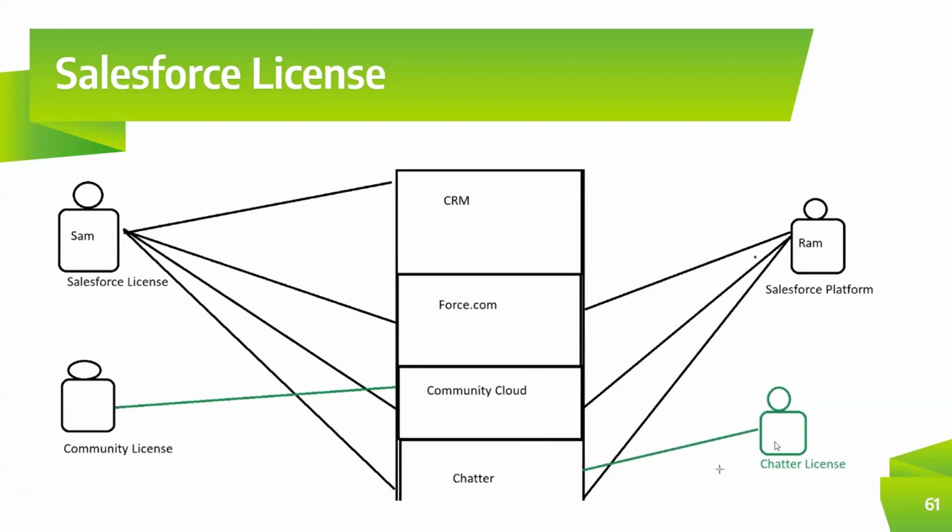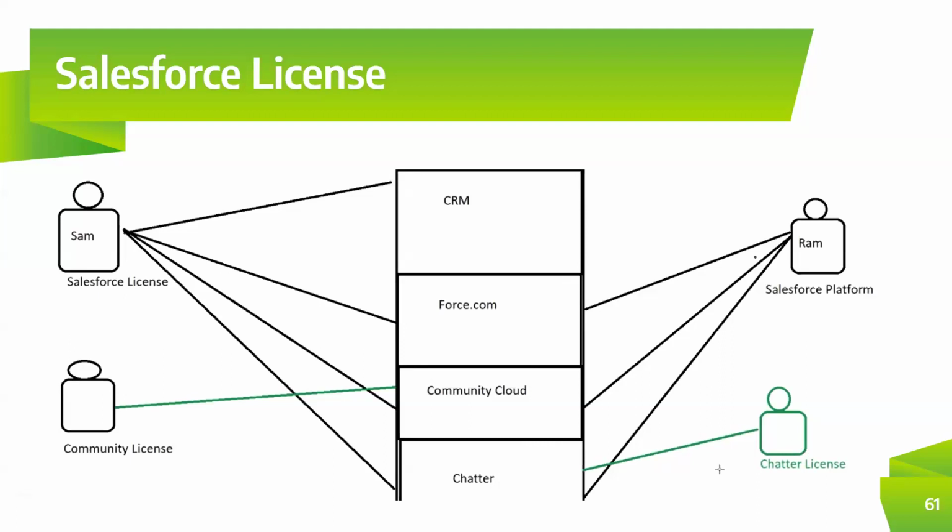Whereas ME has only a Chatter license. As I told you, whenever you go with Unlimited edition, they provide you Chatter licenses also, 5,000 Chatter licenses free of cost. In that case, people other than developers, who want to communicate with somebody else or want to chat, can go with the Chatter license here.